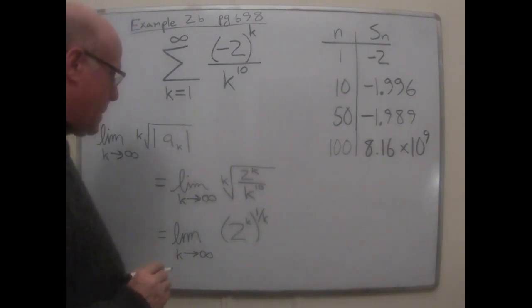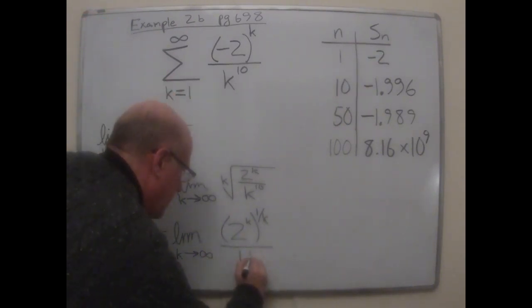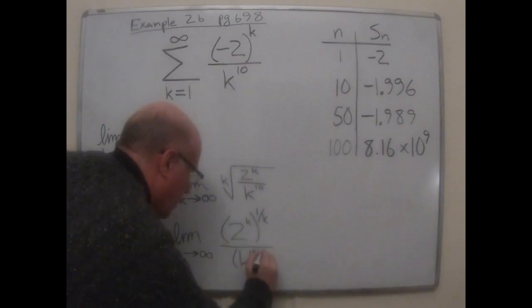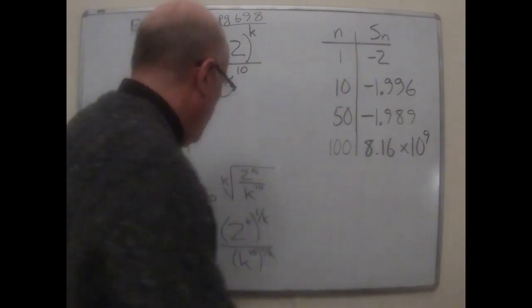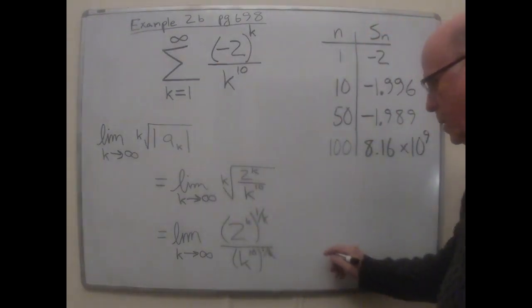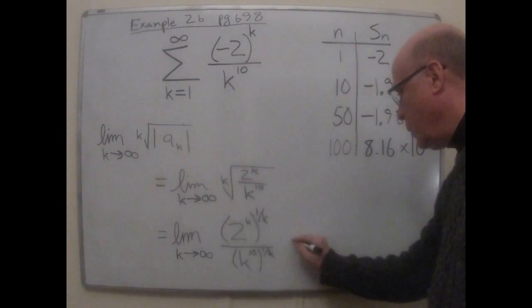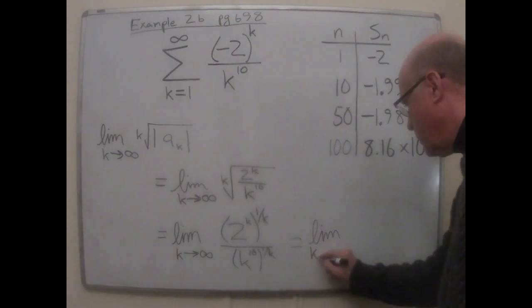Anyway, the bottom here has k to the 10 raised to the 1 over k. When you have a power to a power, you just multiply the powers, and that means we get a 1 there. So the upper part of this is just 2. Let's think about what the rest of the limit is.